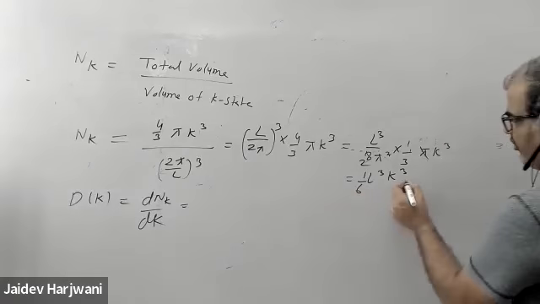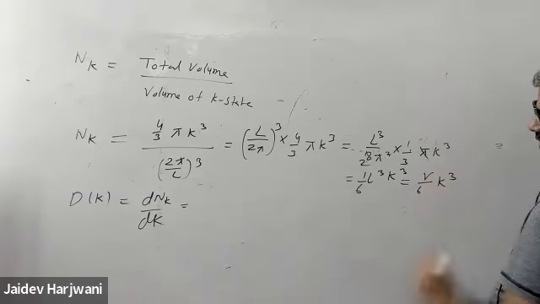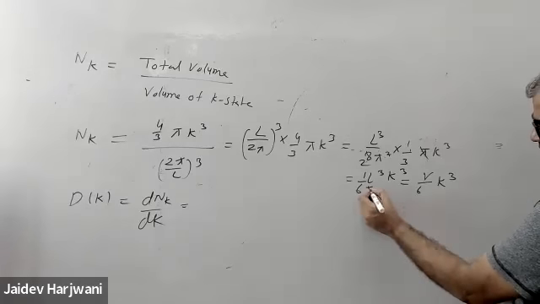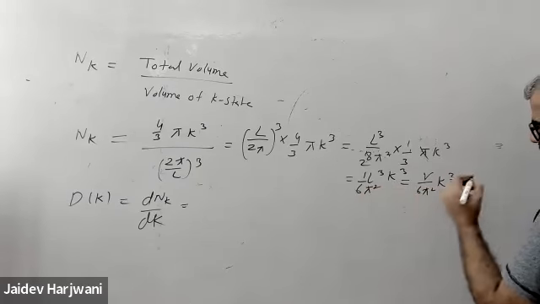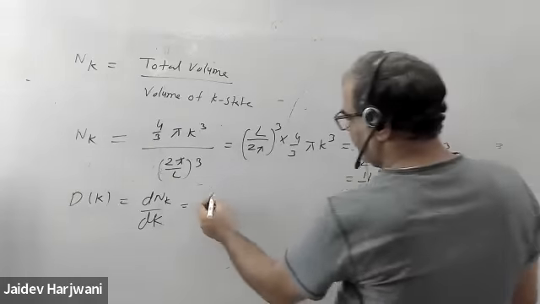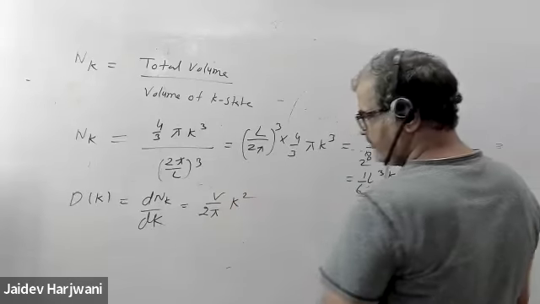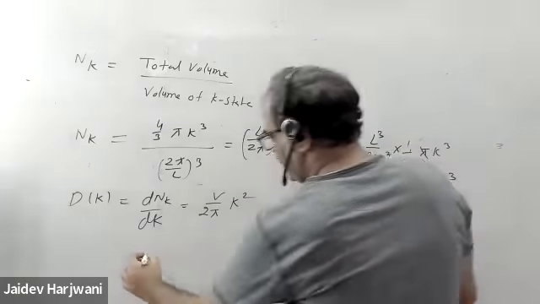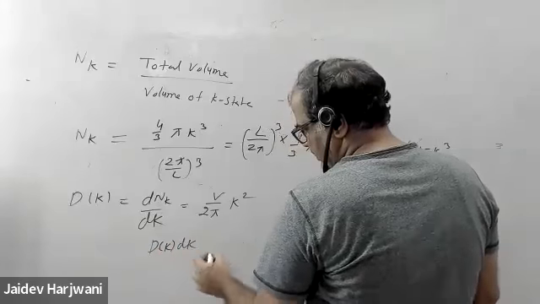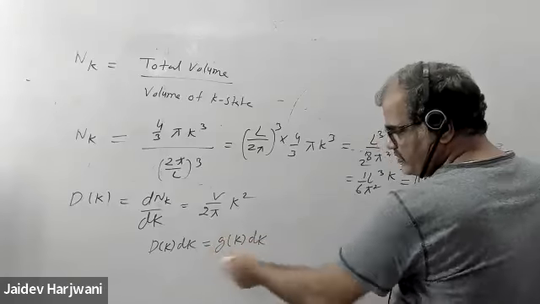L³ you can write as volume V, so V upon 6π² times k³. Differentiating this expression, you get V upon 2π² k² dk. Sometimes in books they use g(k) dk also. I generally use this g(k) dk.